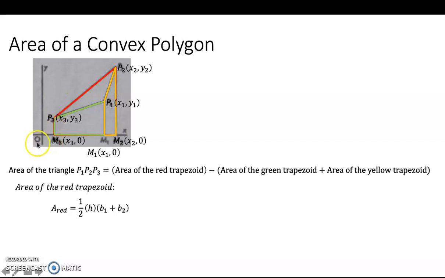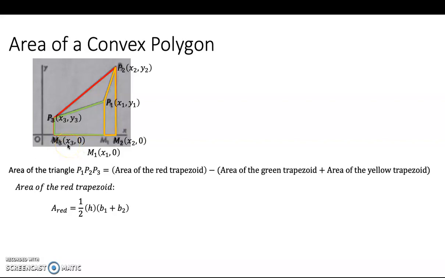Now, for the height, it's this particular length. So that would be simply this. That represents the abscissa of M2, which is x sub 2, minus this small part here, which would be the abscissa of M3, which is x sub 3. So that would be x sub 2 minus x sub 3.